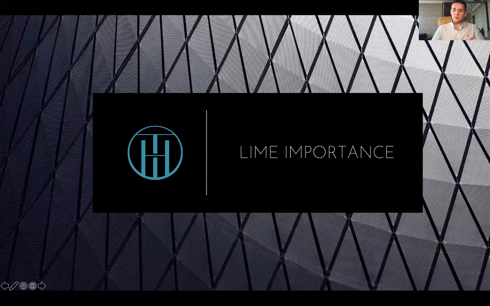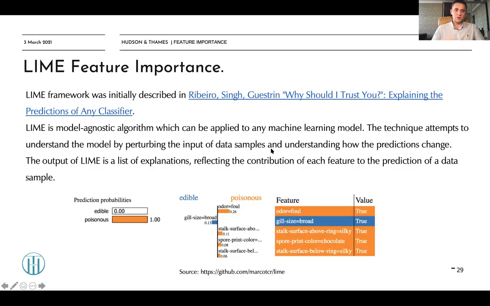So now let's talk about the final feature importance algorithm, which is called LIME importance. The LIME framework was initially described in Ribeiro, Singh, and Guestrin, "Why Should I Trust You? Explaining the Predictions of Any Classifier." So this is some kind of a proxy to a force plot, which is generated by Shapley feature importance.